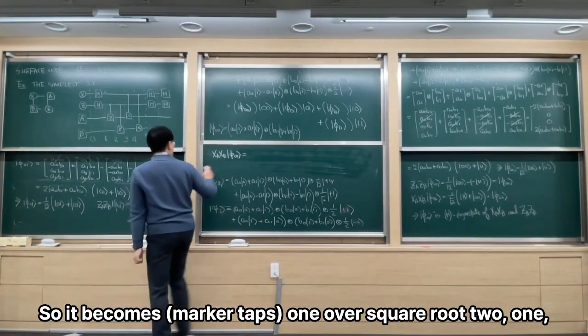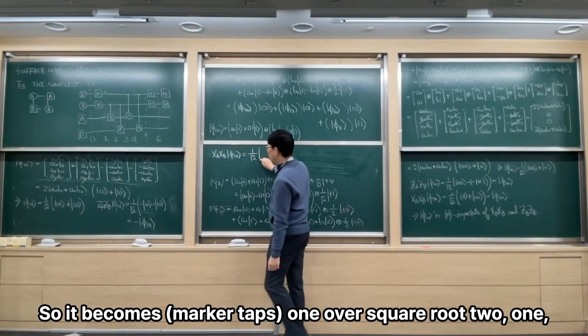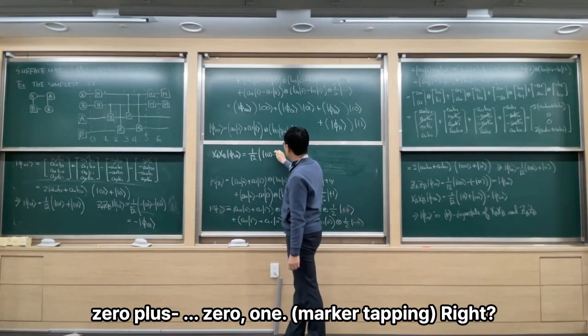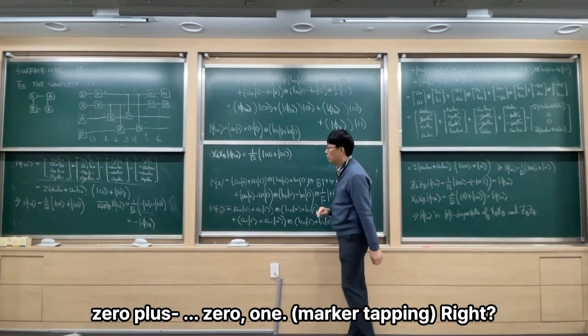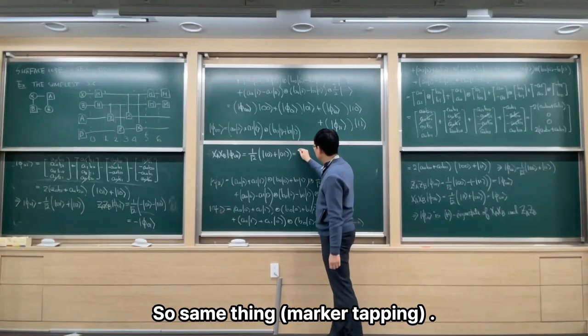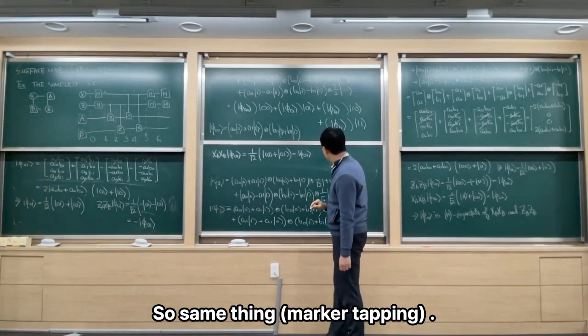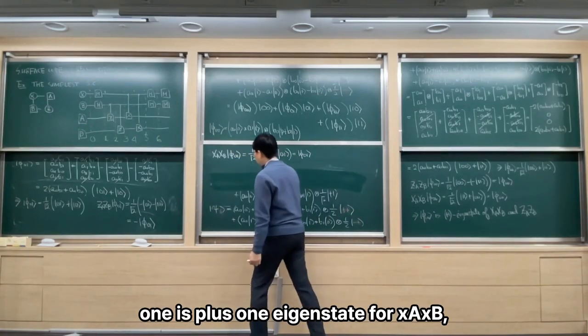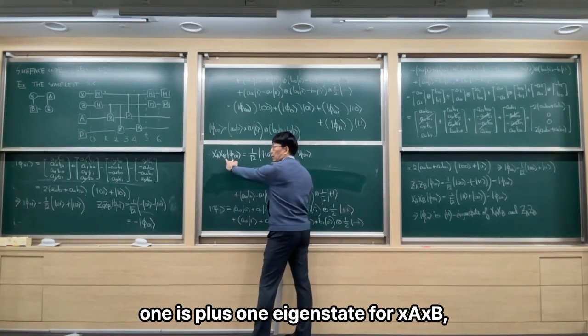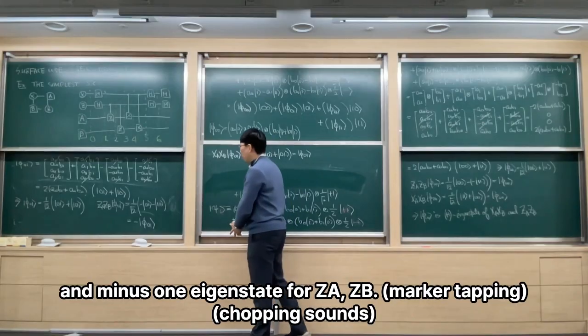So it becomes 1 over square root of 2, 1, 0 plus 0, 1, right? So same thing. So you can see that this phi 0, 1 is a plus 1 eigenstate for XA, XB, and a minus 1 eigenstate for ZA, ZB.